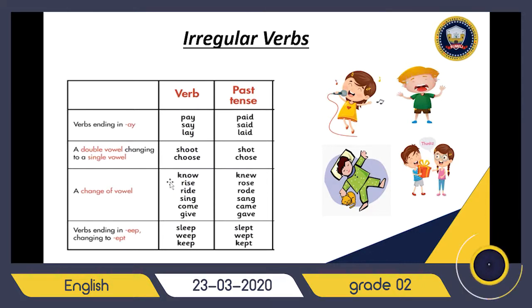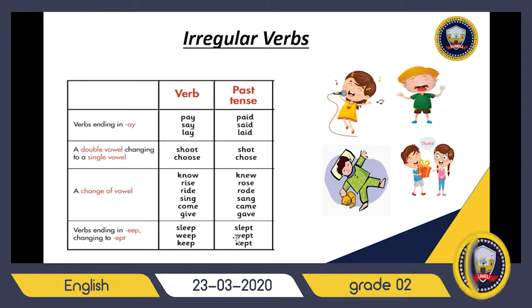Here there are some verbs in which you just change the vowel. Here it is know, so you just changed o, you added e by removing o and it became knew. Rise, rose. Ride, rode. Sing, sang. Come, came. Give, gave. And if the verb's ending is in double e p, so instead of double e p, you will write ept.